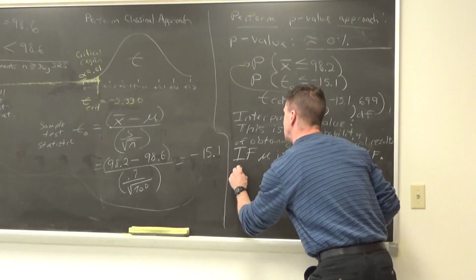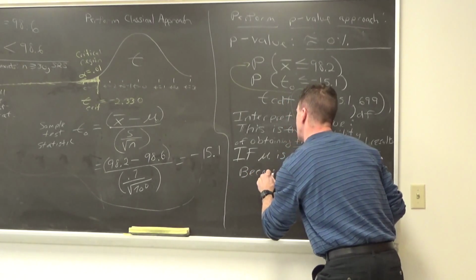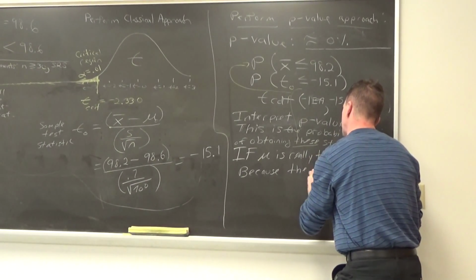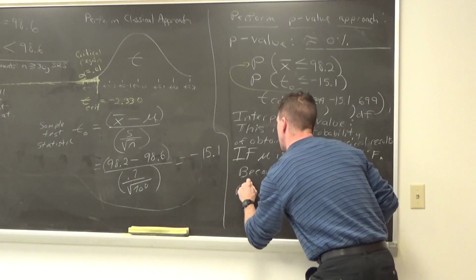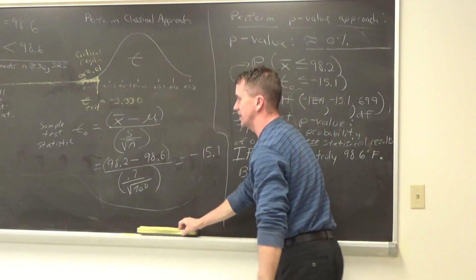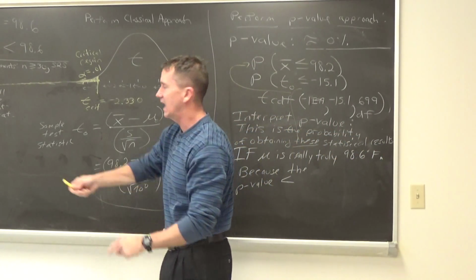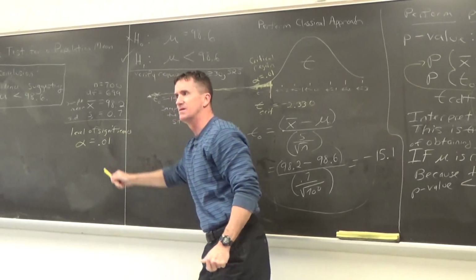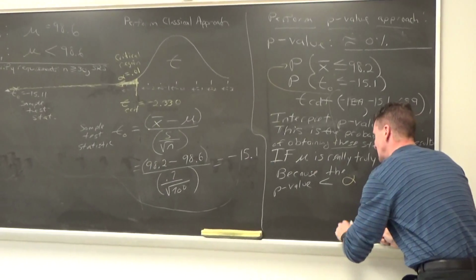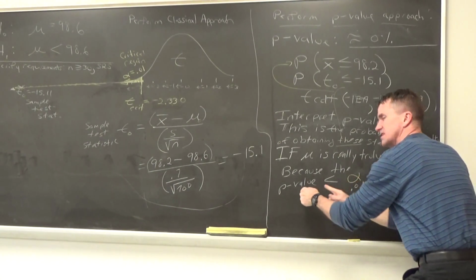Now I'm going to put the word because the p-value is lower than the alpha level. So I get to change chalk. And what's the alpha level? The level of significance. What was it? 0.01. Because the p-value is lower than this guy, this was 0.01, but wasn't this lower?